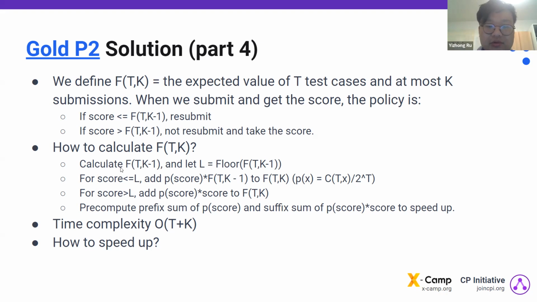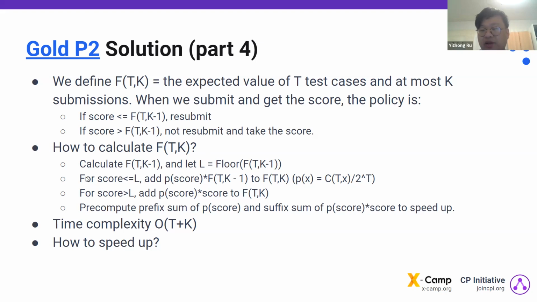Because first we know FT1, right? So then we can know FT2, FT3, FT4, and FTK. And if we calculate FTK minus 1, then we let L be floor of FTK minus 1.